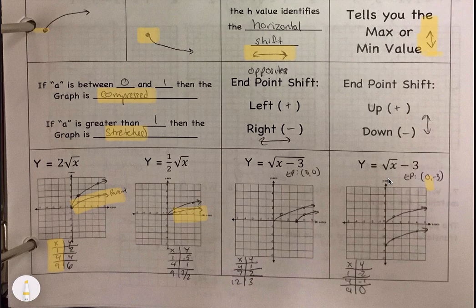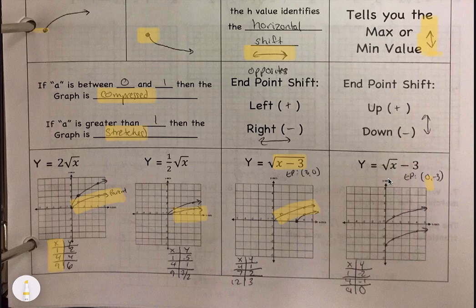And so now when we have shifts, so square root of x minus 3 with the minus 3 inside, that means now we're shifting 3 to the right. So our parent function is here, and now each point gets moved 3 to the right.